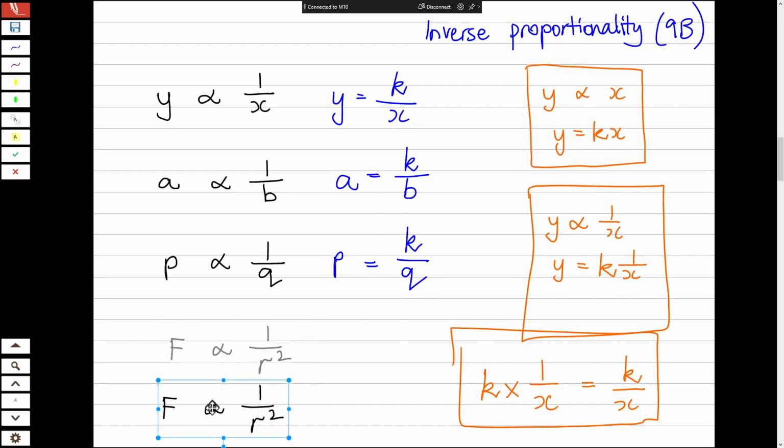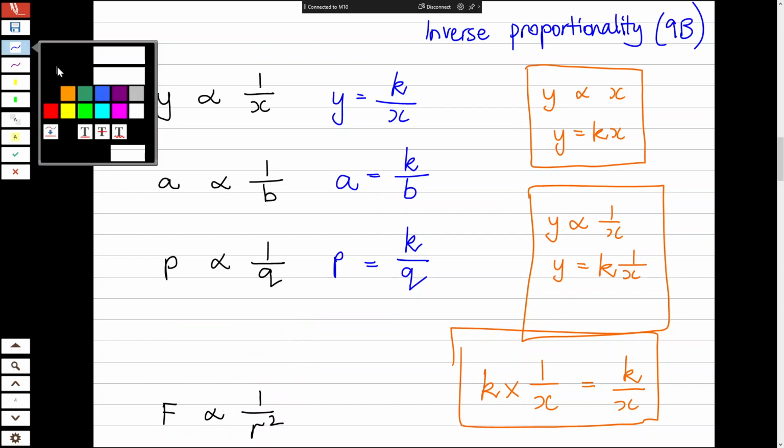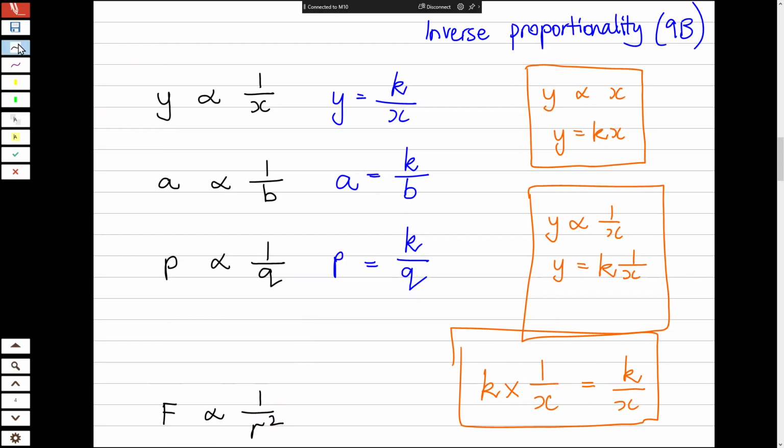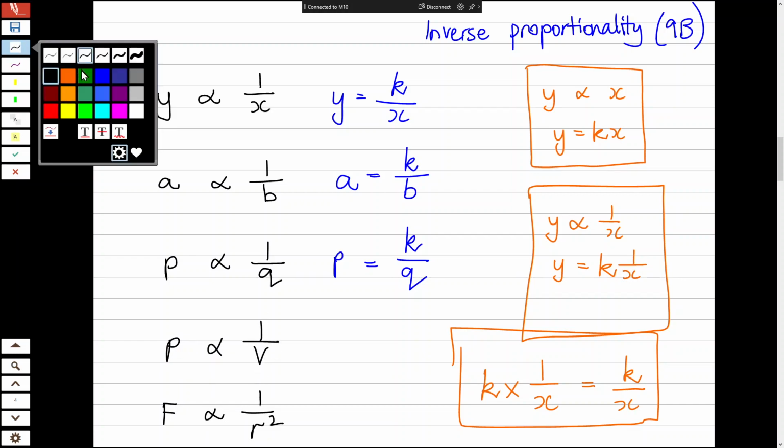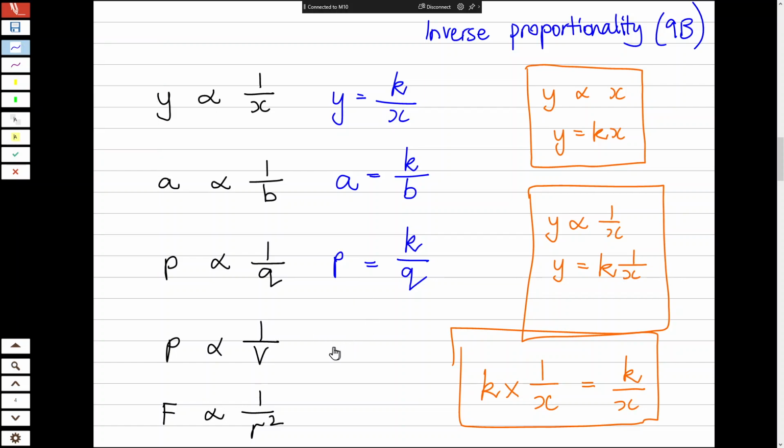I'll put in another one. Is there another law I can think of? Have you learned the ideal gas law in chemistry? PV equals nRT. Sorry, it's been a long time since I've been at school. Beck, what do you think goes here?